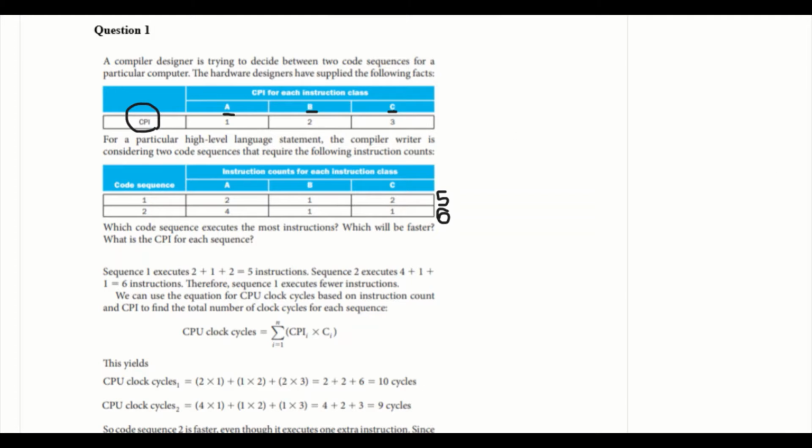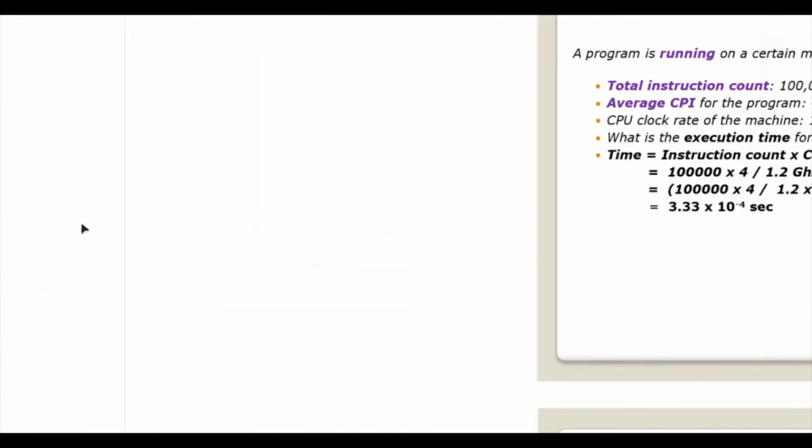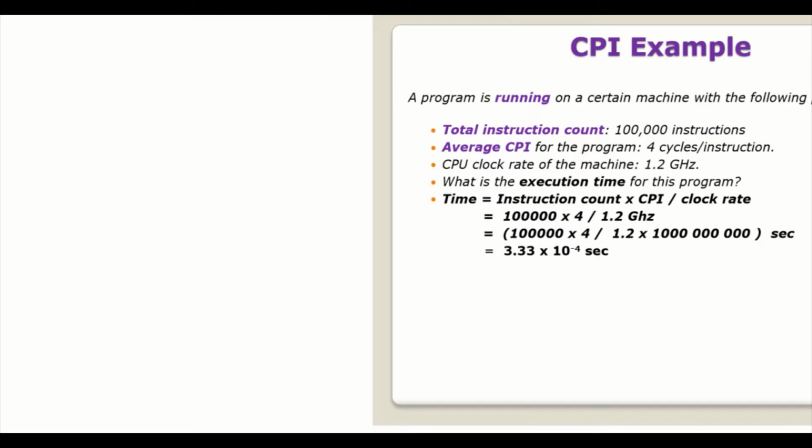In the previous program, the total number of instructions is given. Where is it? How many instructions are in one program? 100,000. What is the CPI of the entire program? 4 cycles per instruction. So this is talking about the entire, whole program.